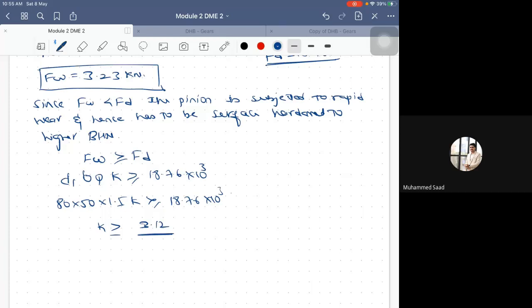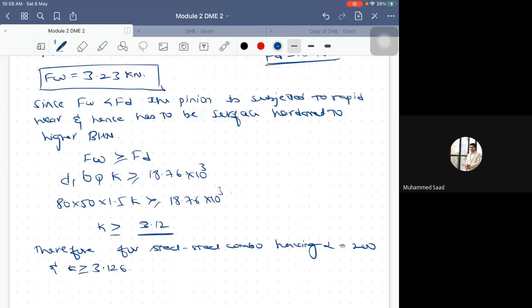Now, what you have to do, again therefore, for steel and steel combo, you have to go in reverse, having alpha is equal to 20 degrees and K is greater than or equal to 3.126.